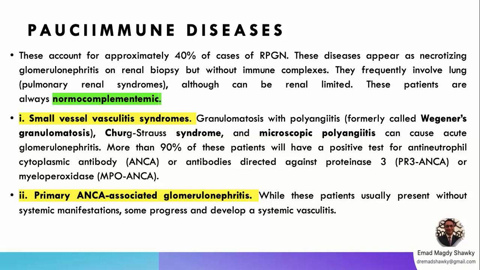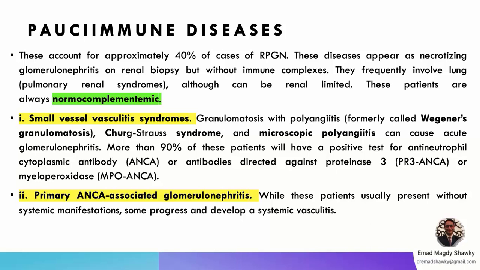And those are a very important group of vasculitis, inflammation or necrotizing inflammation of the small vessels, small vessel vasculitis syndrome, which again may affect other systems. So I can find granulomatosis with polyangiitis, formerly Wegener's, or Churg-Strauss or microscopic polyangiitis.